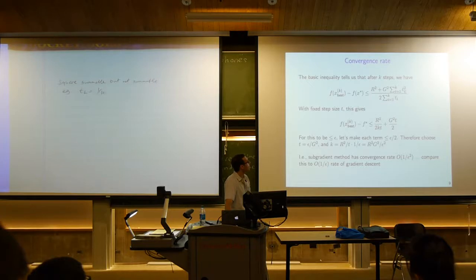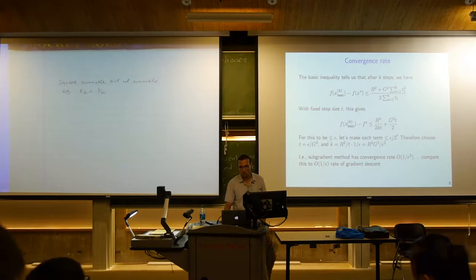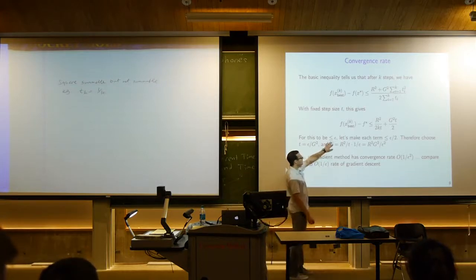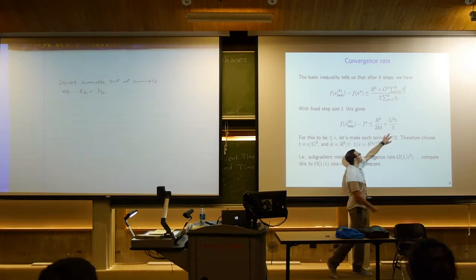I have a k times t squared in the numerator, and a k times t in the denominator, so all I'm left with is a t in the numerator. So this is our bound on how far we are from optimal after k iterations with a fixed step size t. And to guarantee that I have an epsilon suboptimal solution, one thing I could do is try to make each term less than or equal to epsilon over 2.